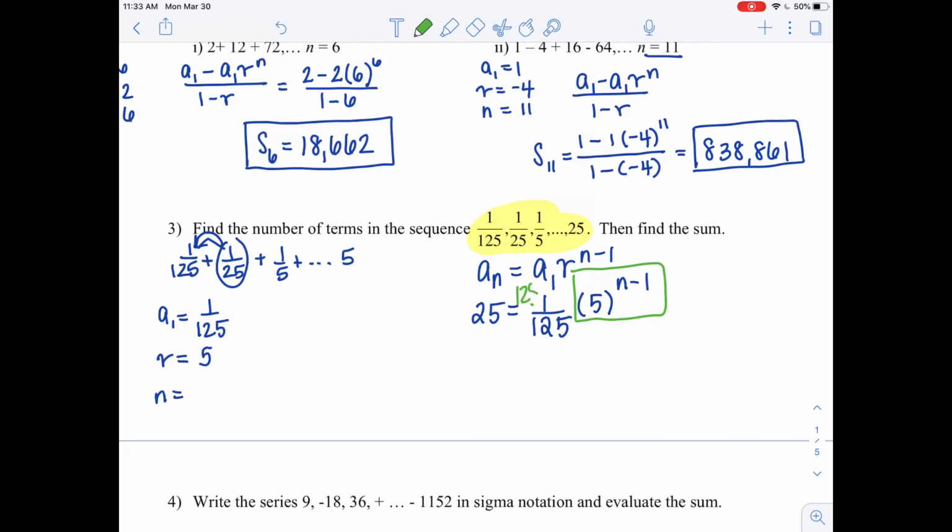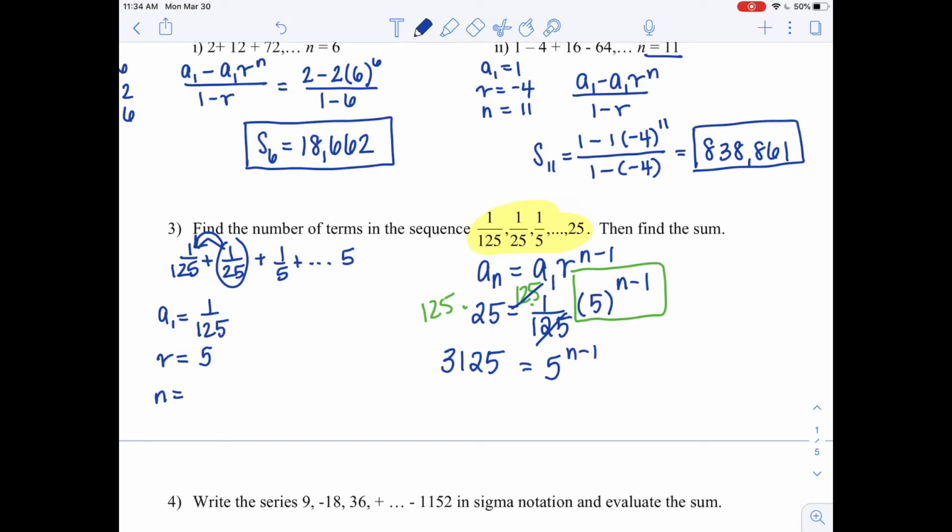To be able to do that, I'm going to have to get rid of this 1 over 125 on the right-hand side. So if I were to multiply both sides by 125, you'll notice on the right-hand side, 125 will cancel with 125, so I'll just have 5 to the n minus 1. On the left-hand side, it comes out to be 3125.